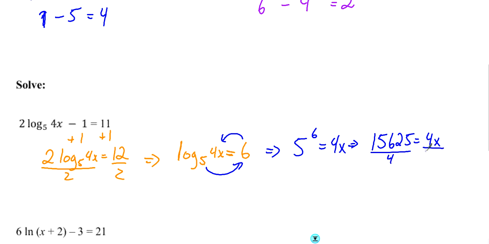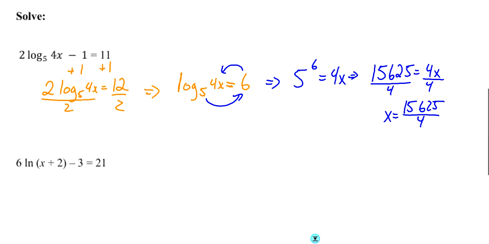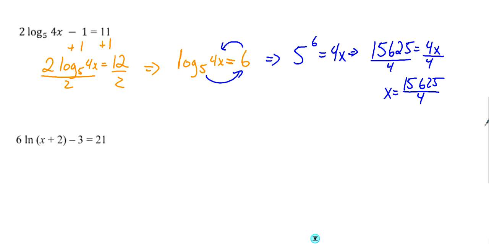Divide both by 4 to get x by itself. So x is 15,625 over 4. All we did was basically get this logarithm by itself on one side, change it to its exponential form, and then solve for x. So just using these properties.